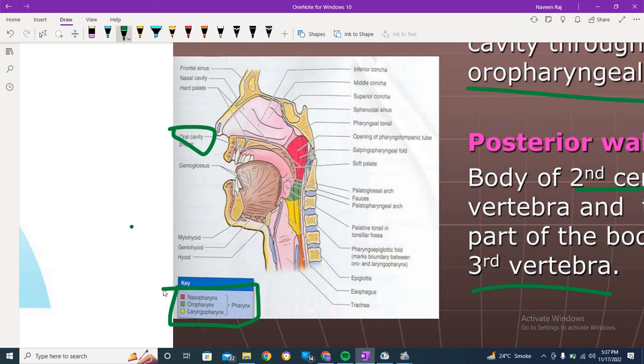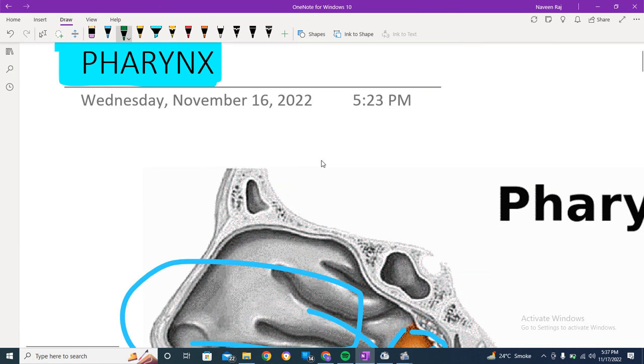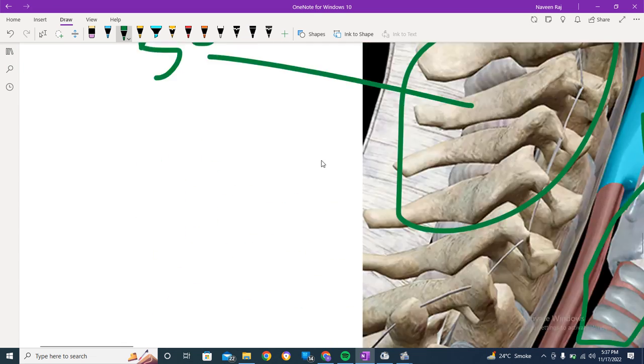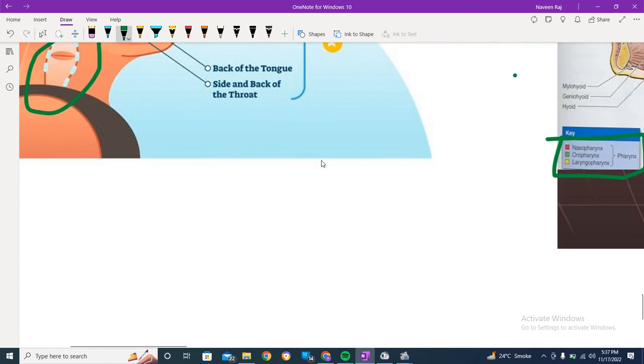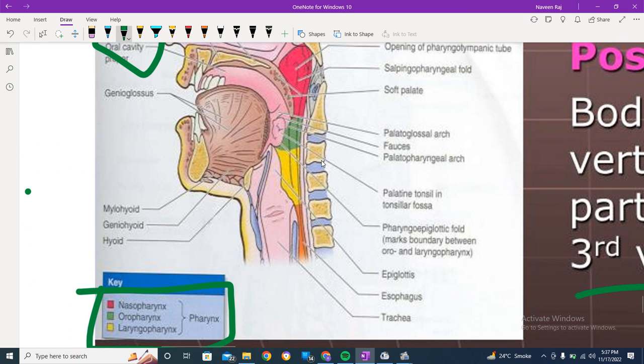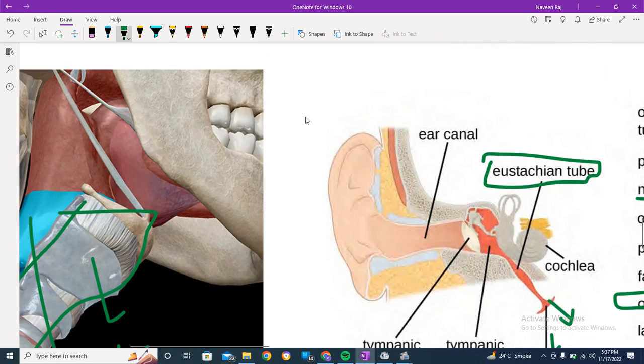You can see the red part is the nasopharynx, the green part is the oropharynx, and the yellow part is the laryngopharynx. So this was just an overview video in which we looked into all the basic stuff.